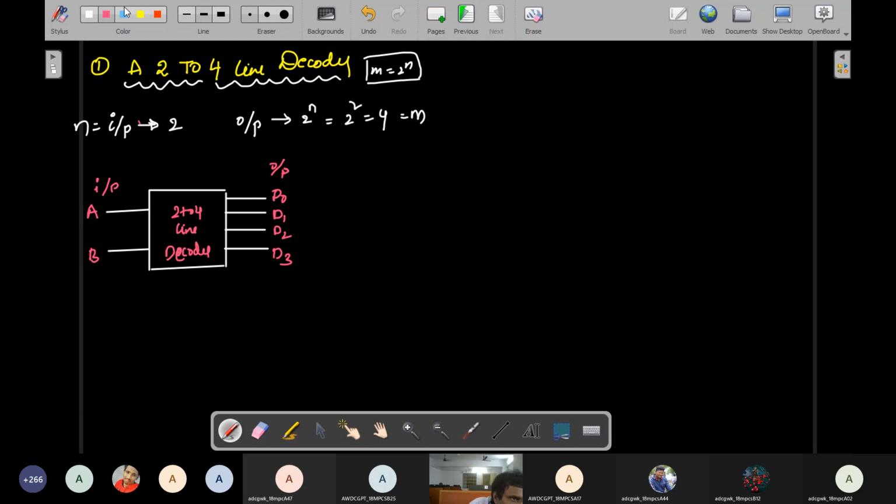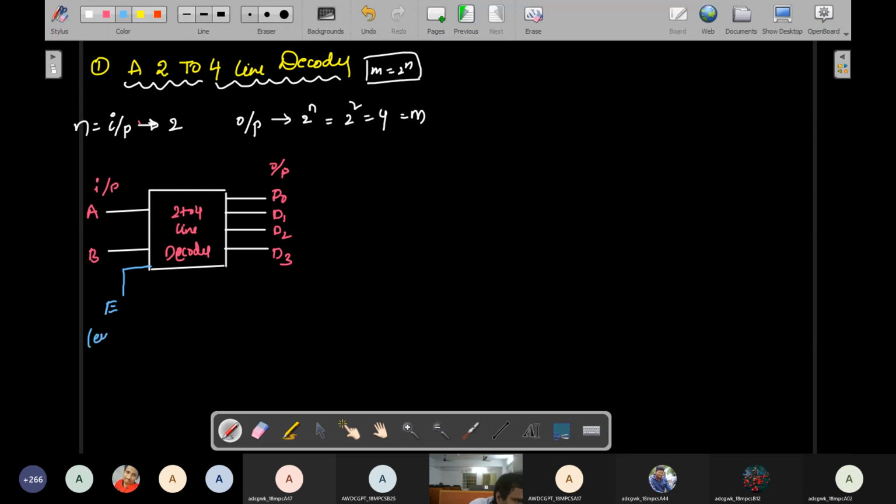We have one special terminal for every decoder, called the enable terminal E. If enable is 0, it is a switch off condition. If it is 1, it is an enable condition, meaning active condition. So that is called the enable terminal.